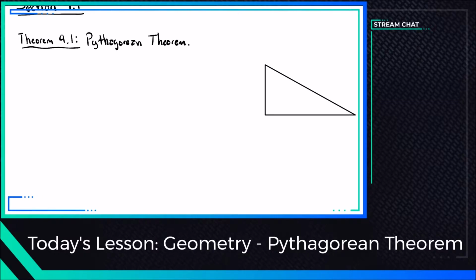And this triangle is going to have three sides. We got side A right here, side B down here, and side C up here, and it is indeed a right triangle. And so in a right triangle, the square of the hypotenuse.